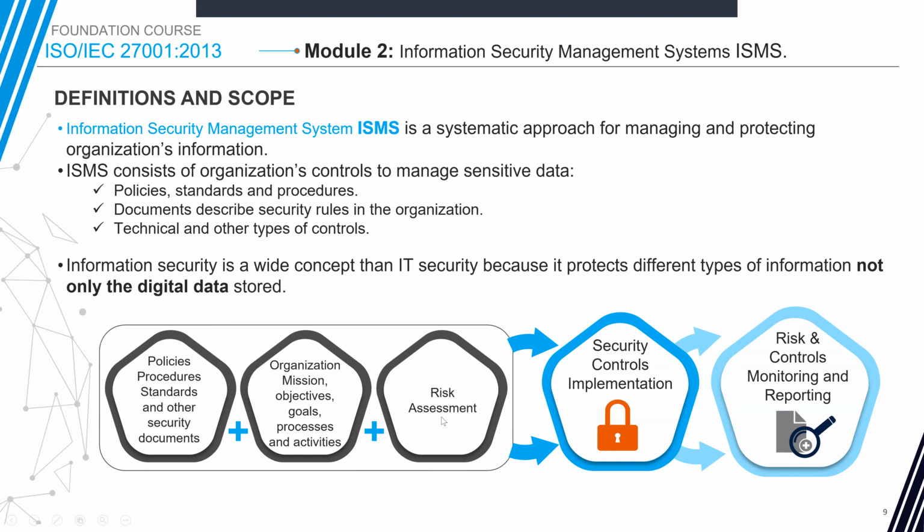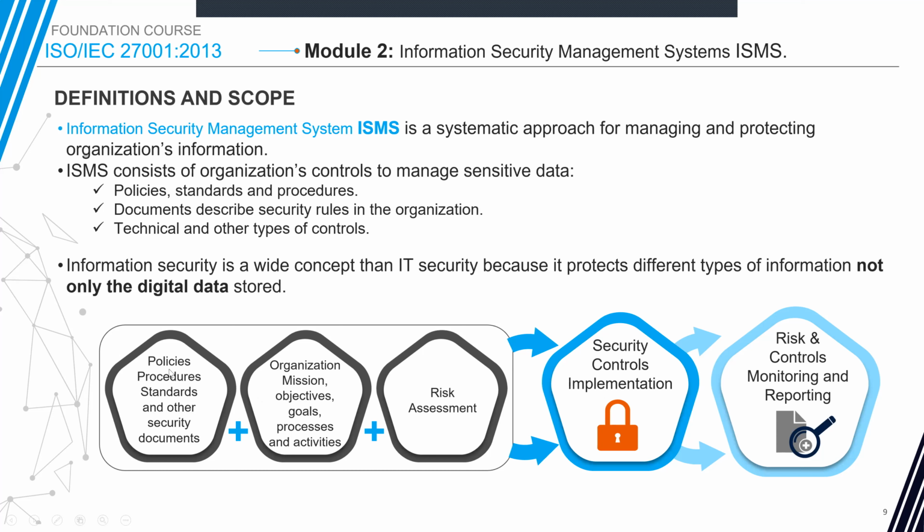Make a risk assessment. Then finally, you will understand the security controls required and their implementation. Then you will be able to monitor and report on the effectiveness of these controls. This is the proper process to think of when you work with ISMS and ISO.